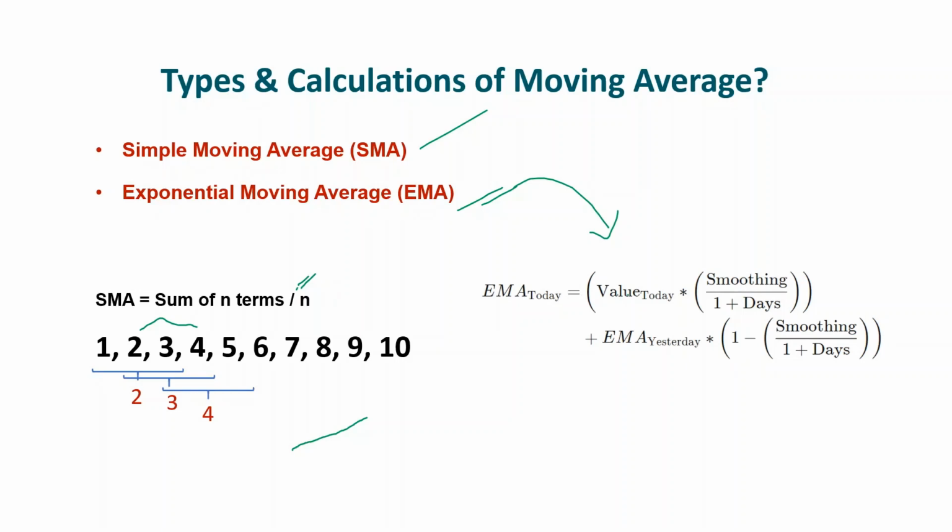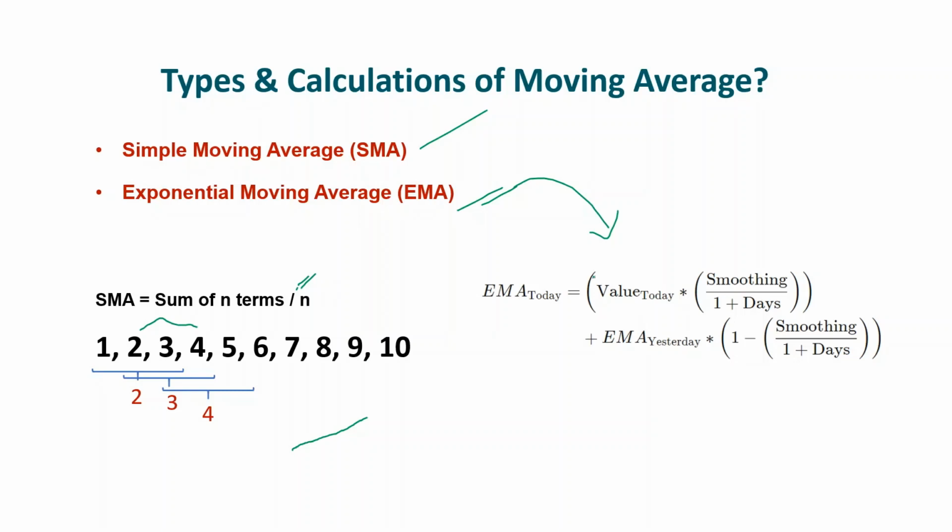In exponential moving average, the weight of the most recent candles is more as compared to the past, older ones. Say for example that today the market all of a sudden went up around 5 or 6%.